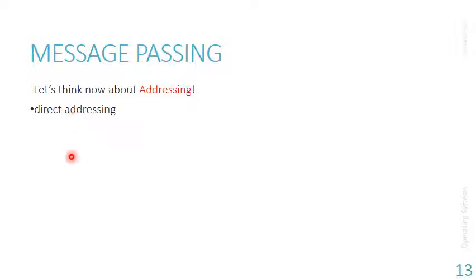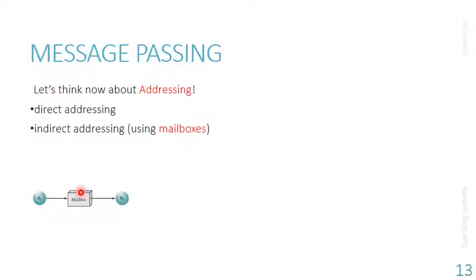Now, if there's direct addressing, naturally there should be some other form. What would that be? It could be indirect addressing, and in order to implement indirect addressing, we're going to use mailboxes. So instead of handing over the letter yourself to the other human being, all you have to do is put it in a mailbox, and the human being will go and get it from their mailbox. Fair enough?